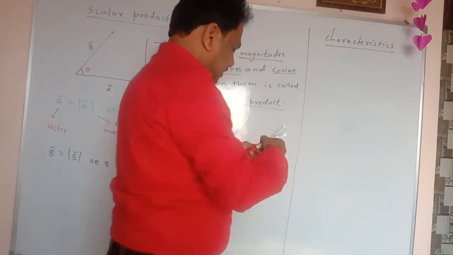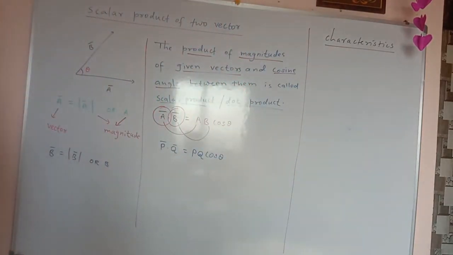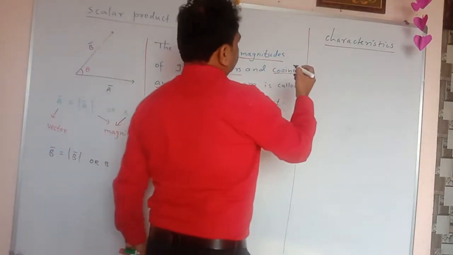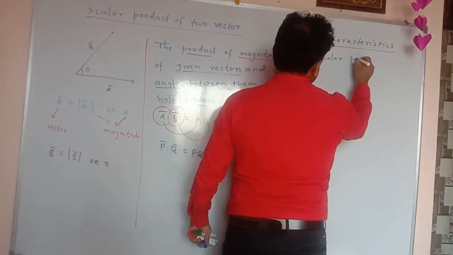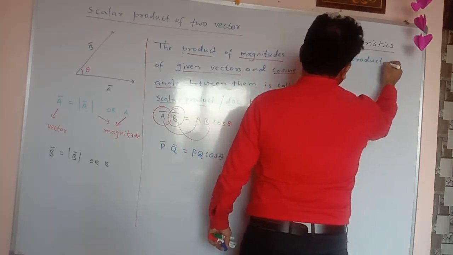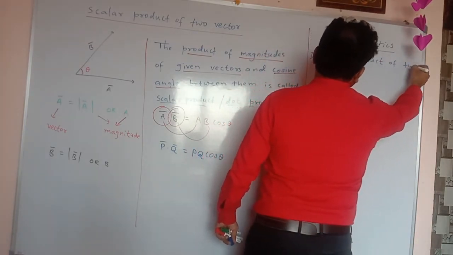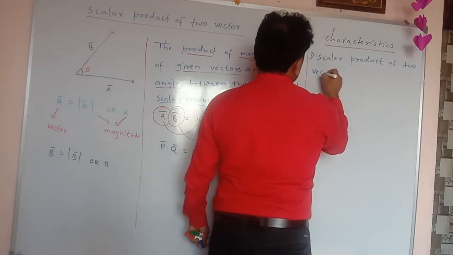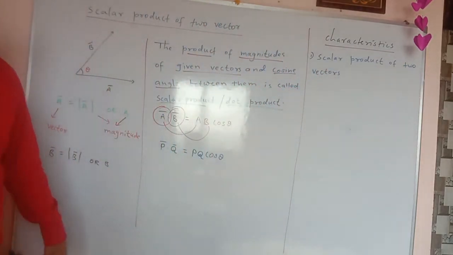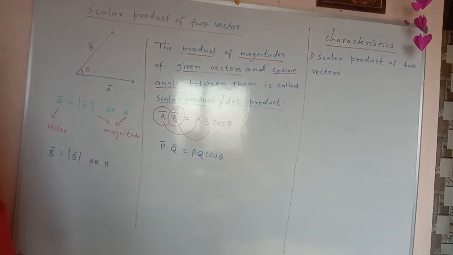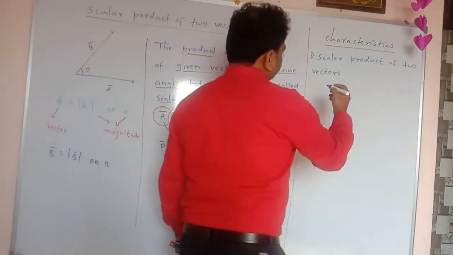So the first characteristic is that the scalar product of two vectors is a scalar quantity.